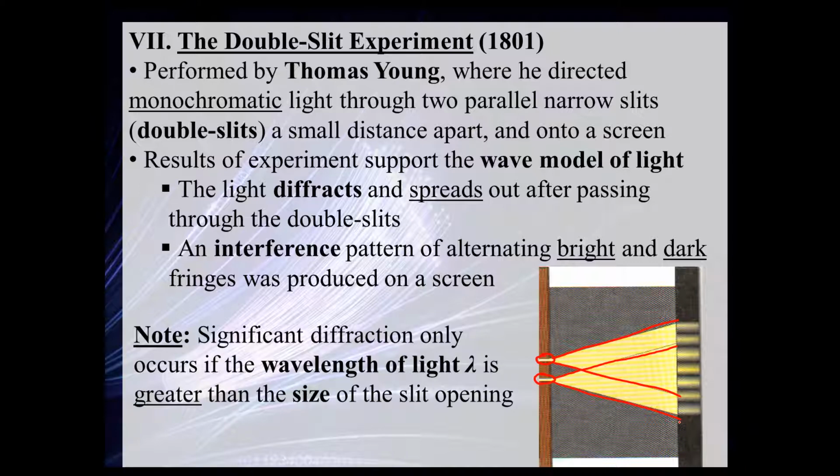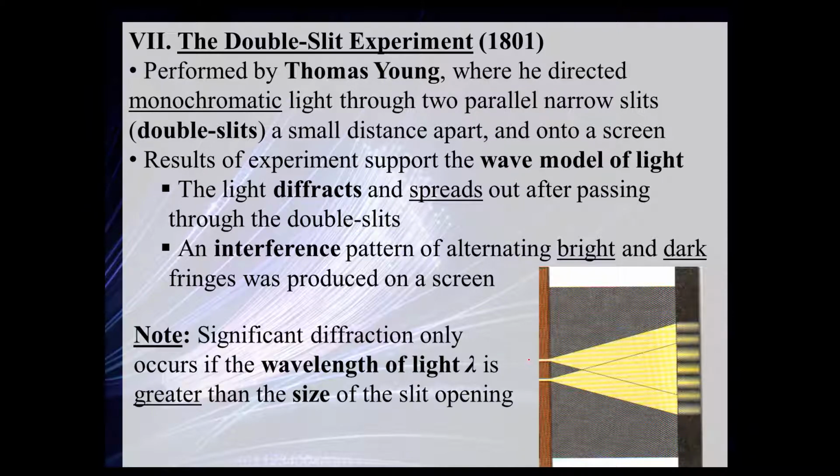One note, though: the only way you can get significant diffraction, when I say significant diffraction, I mean that the light really spreads out, as we see in the illustration here, is if the wavelength of light is greater than the size of the slit opening.